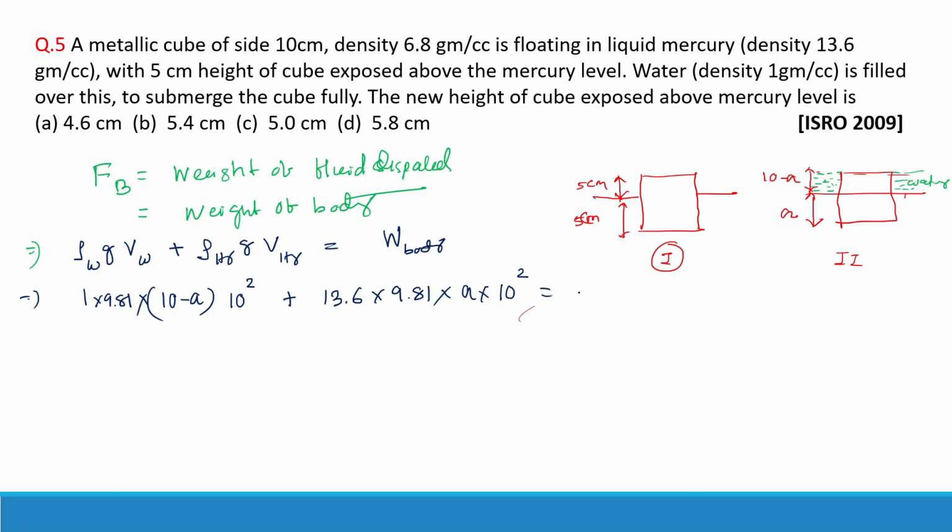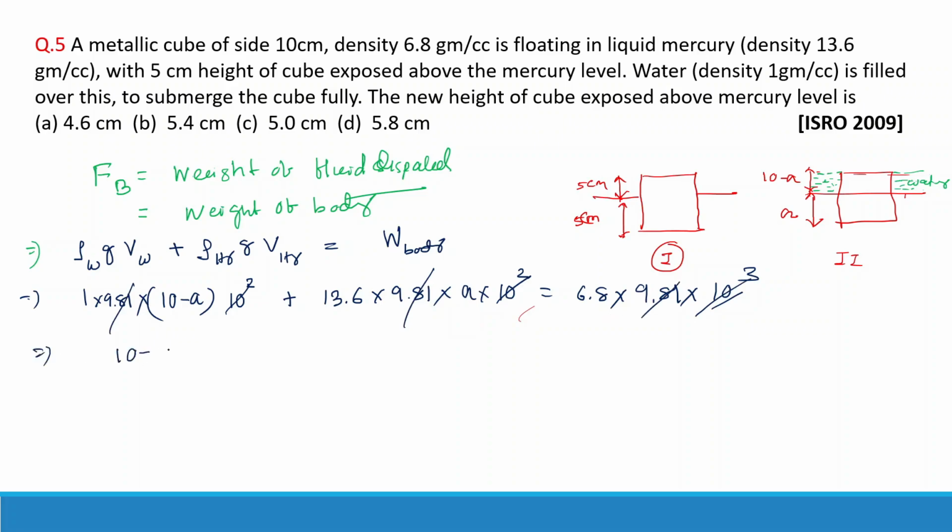Weight of body: rho of body is 6.8, into 9.81, into volume of body. Volume of body is 10 cube. So here 10 square and 10 square got cancelled, 9.81 got cancelled.